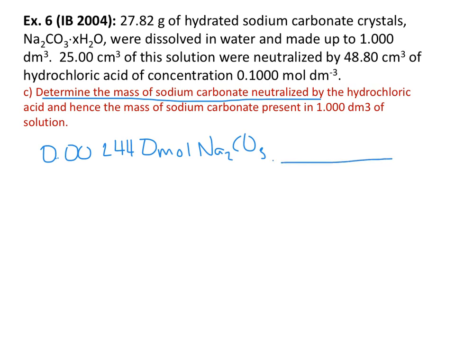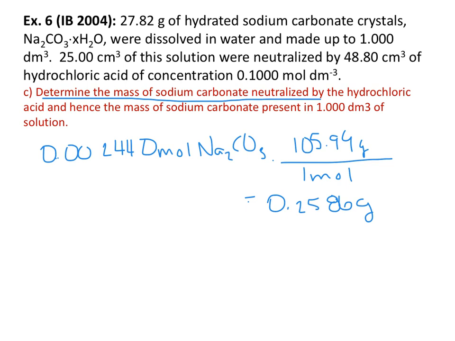We're going to just multiply by the molar mass. So 1 mole on the bottom. And the molar mass of sodium carbonate is 105.99 grams. So that gives me 0.2586 grams. So that's my mass neutralized.